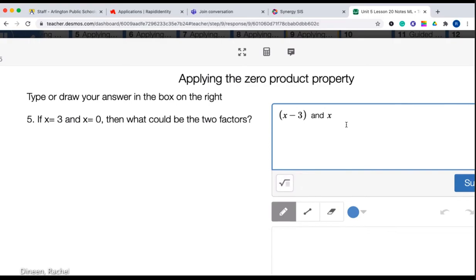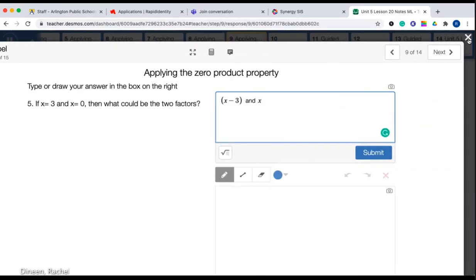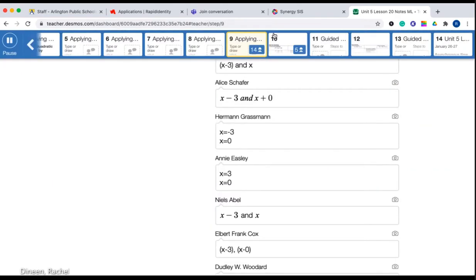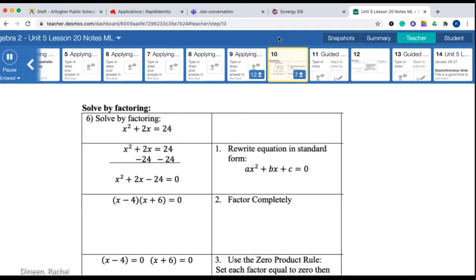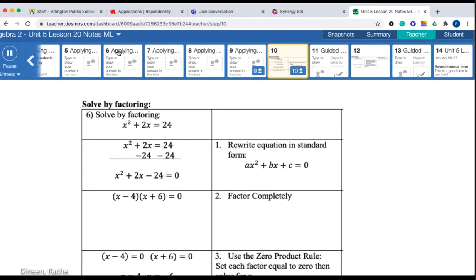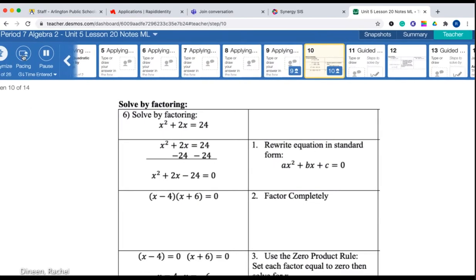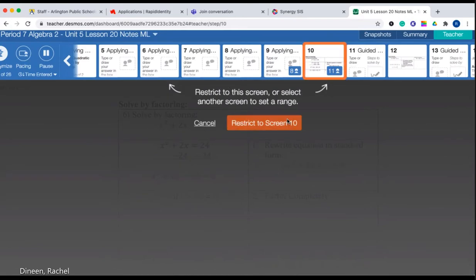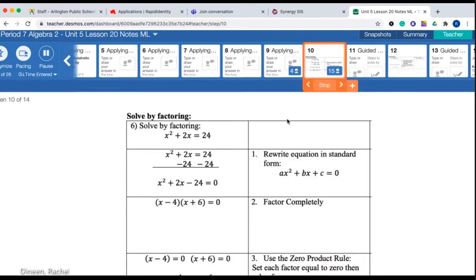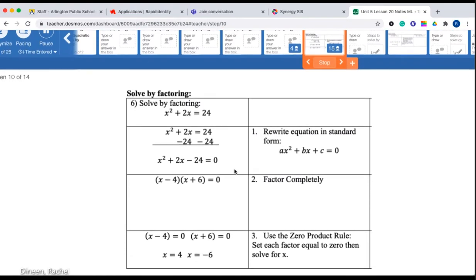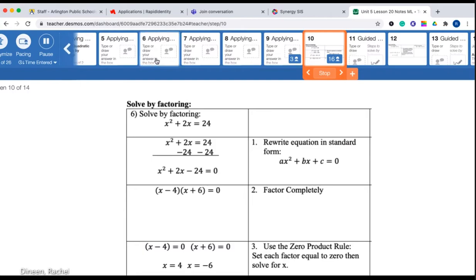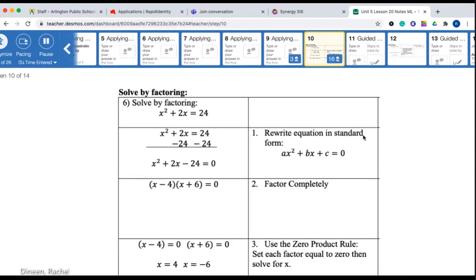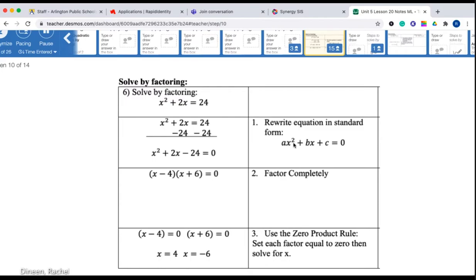Wonderful. All right. So that all is leading us up to, well, how do we actually solve quadratic equations by factoring? So looking at slide 10, go ahead and move you all to slide 10. When you solve by factoring, the first thing you want to do is rewrite the equation in standard form, which is ax squared plus bx plus c equals 0.